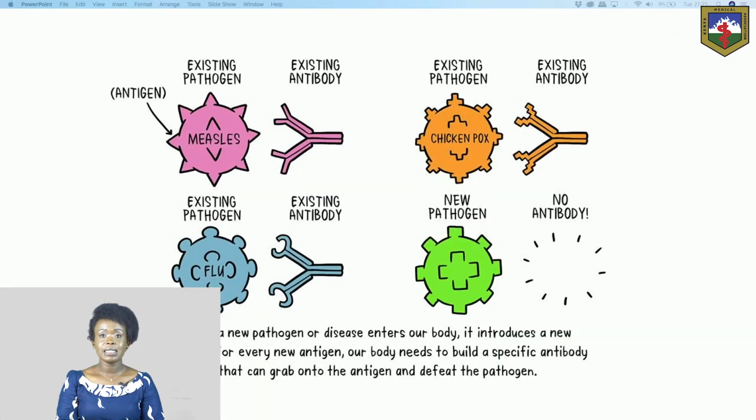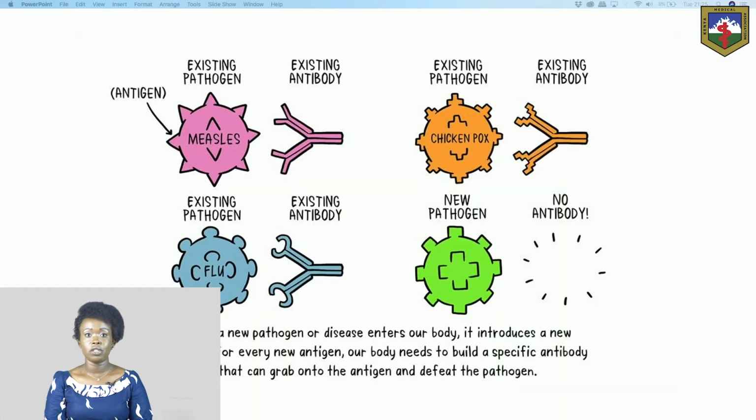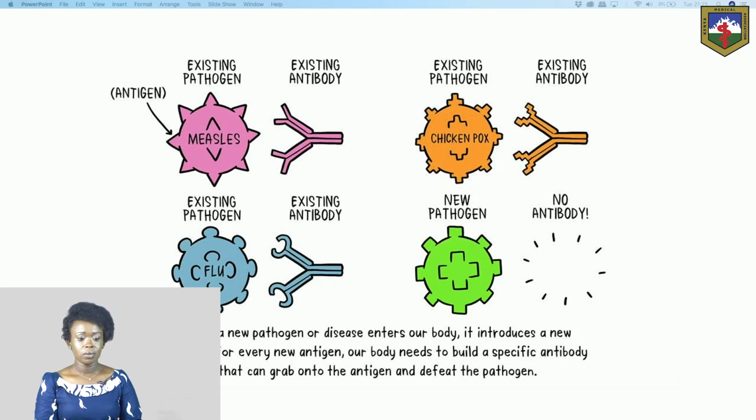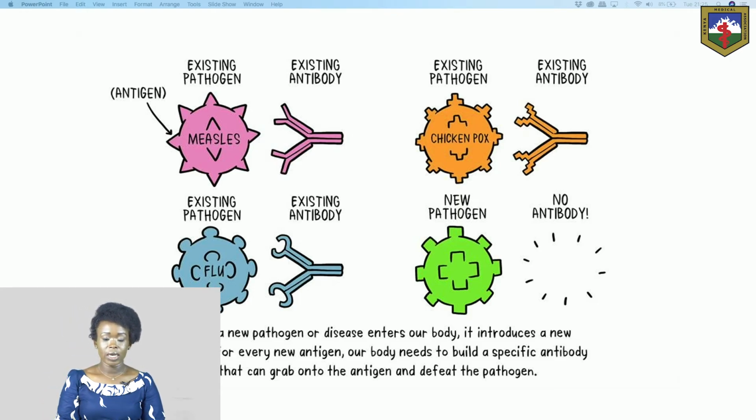In relation to vaccines, vaccines will be the best preventive measure for this virus, because we know that vaccines have been saving lives for decades. When a new pathogen or disease enters our body, it introduces a new antigen, and for every new antigen, our body needs to build a specific antibody that can grab onto the antigen and defeat the pathogen.